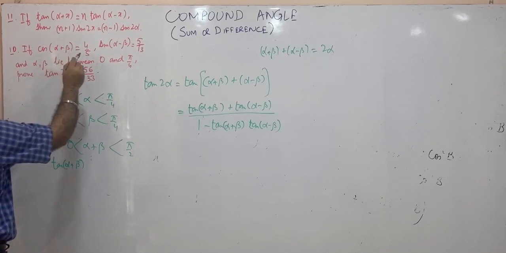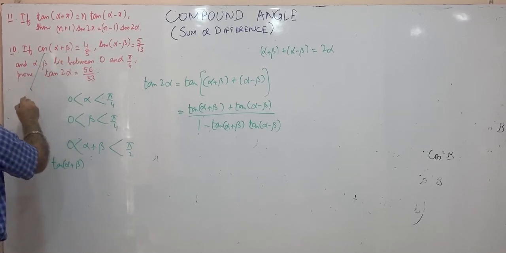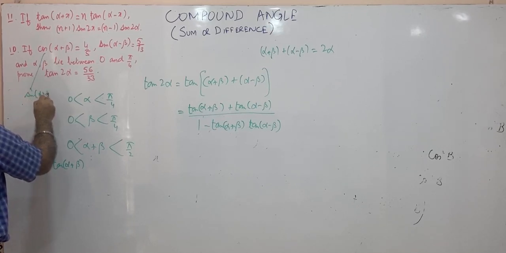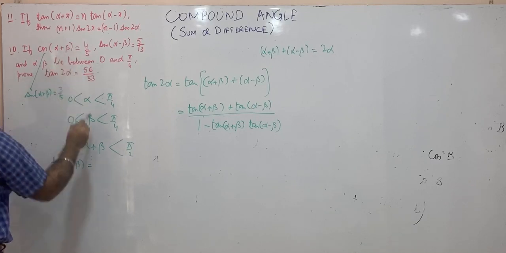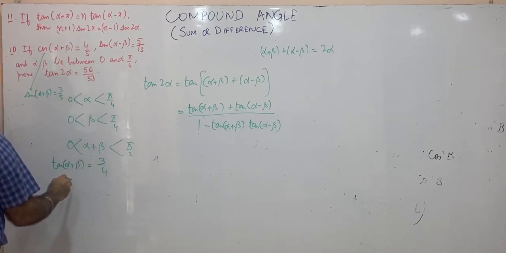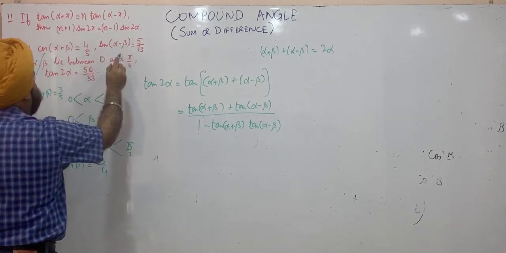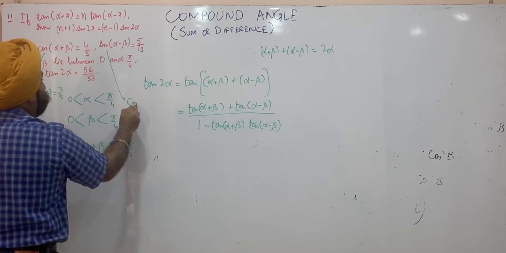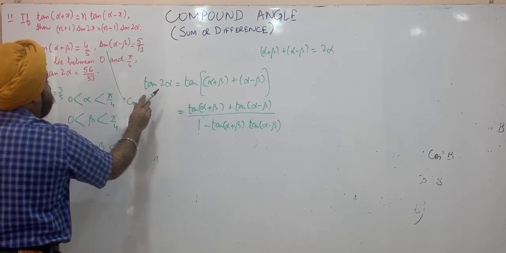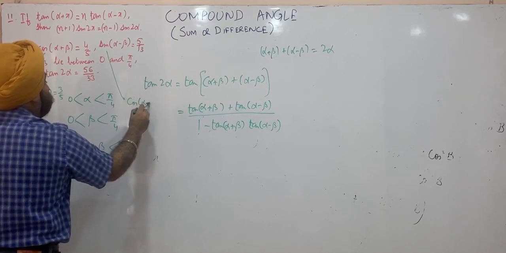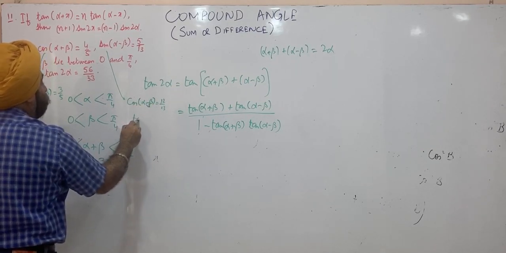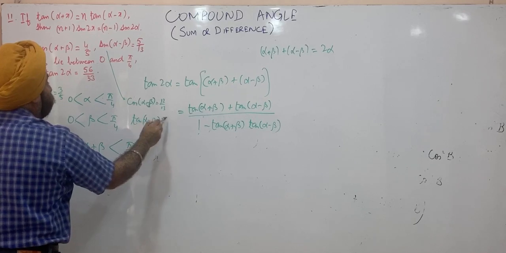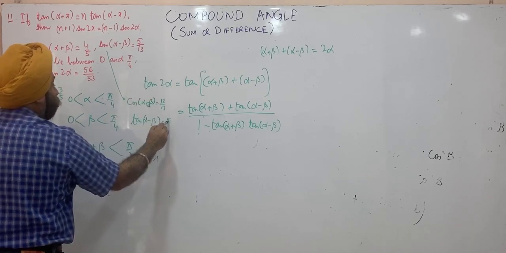We have cos of alpha plus beta. This gives us sin of alpha plus beta as 3 by 5, and tan as sin upon cos, that will be 3 by 4. Similarly, from sin alpha minus beta, we get cos of alpha minus beta as 12 by 13 and tan of alpha minus beta as 5 by 12.